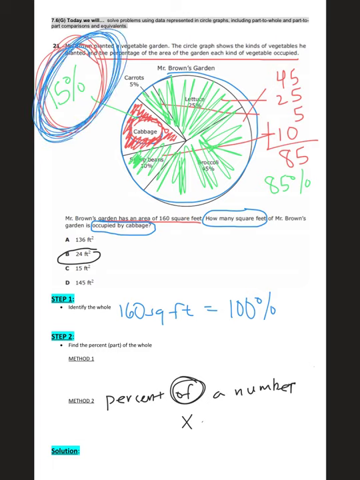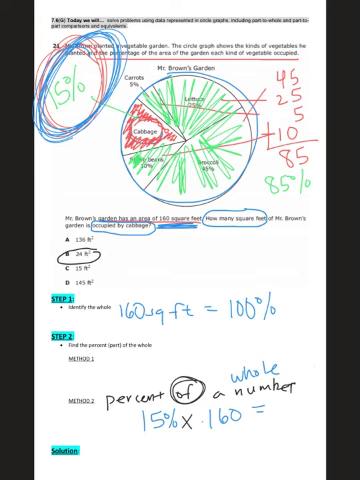We did the legwork for that. So 15% times the number, or in this case, the whole. It was 160. If I multiply 15% times 160, I can't multiply 15% times 160 first. We're going to have to convert this percentage into a decimal first.